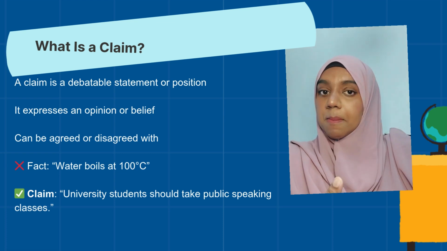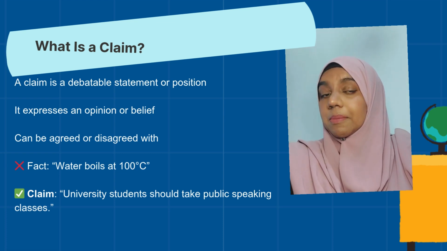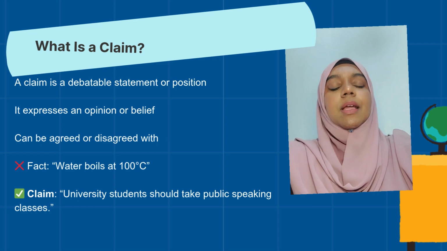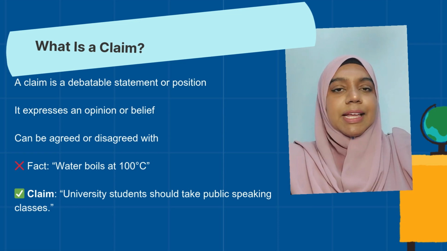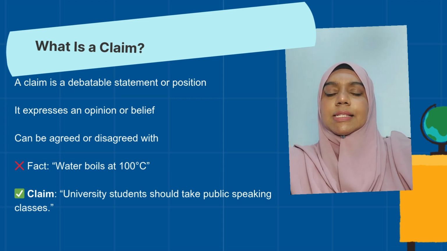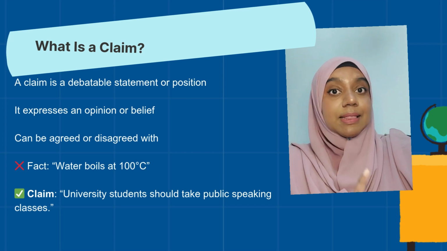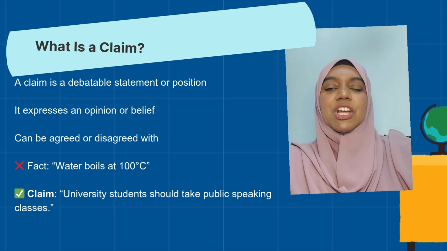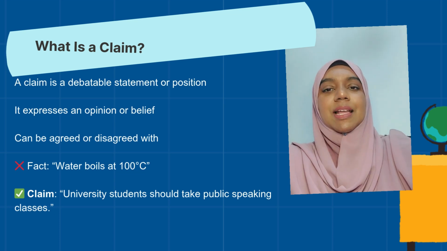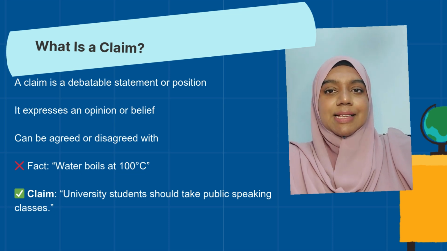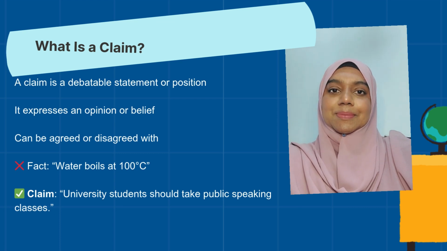Some people might agree, some might not. If a statement cannot be argued against, like water boils at 100 degrees, then it is a fact, not a claim. Now, let's learn how to spot the claim.